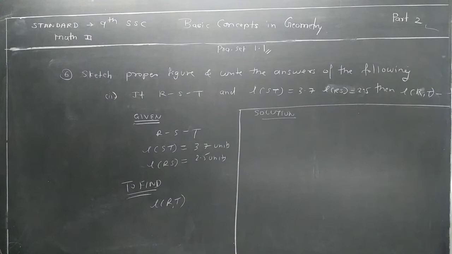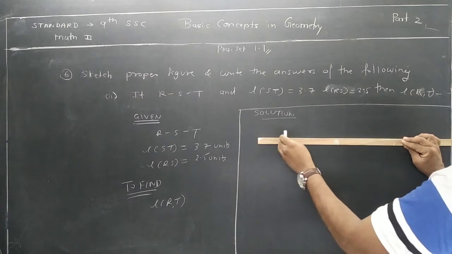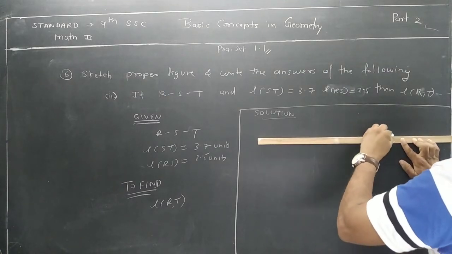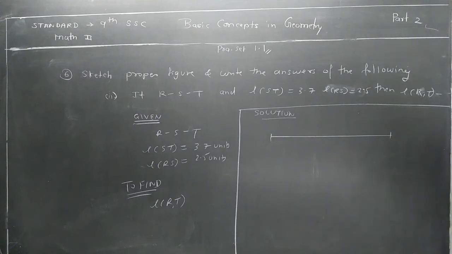So first of all you have to draw the figure. To draw a figure, I am going to draw a suitable figure. There is no need to take exact measurements. Just you have to make a sketch.